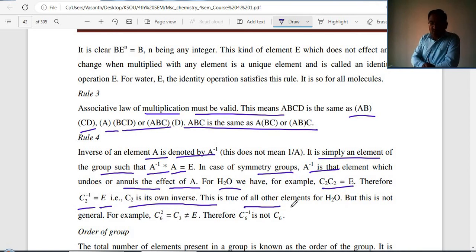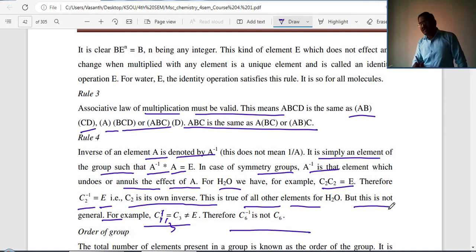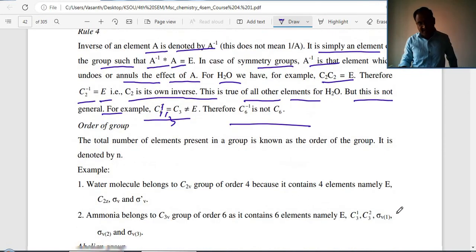This is true of all other elements of water, but this is not general. For example, C6 times C6 is not equal to E. Here C6 inverse is not C6.